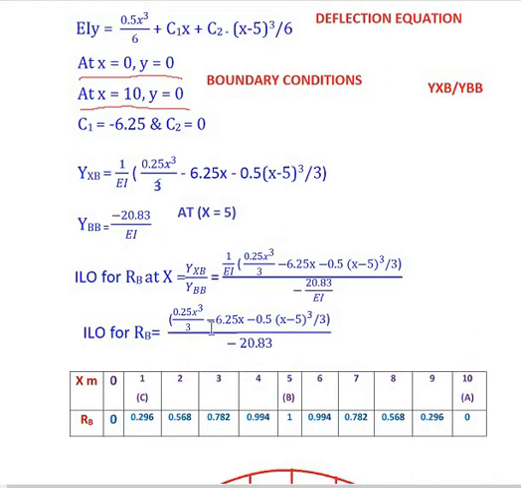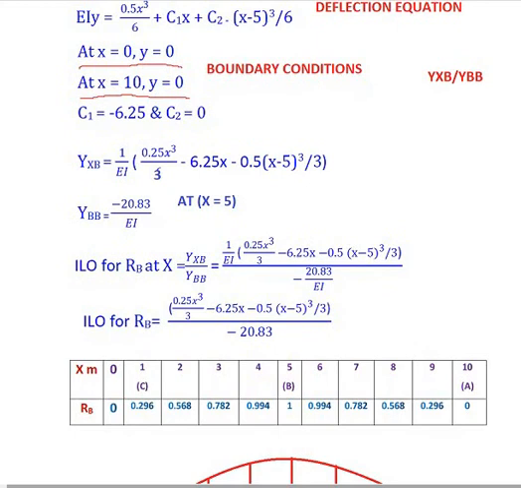After that, substituting x as 1, after simplification we will get 0.296. Then we substitute x as 2, then 3, and continue this process up to 10 so that we get the influence line ordinate for the reaction at B. Now finally we have to draw the influence line diagram.